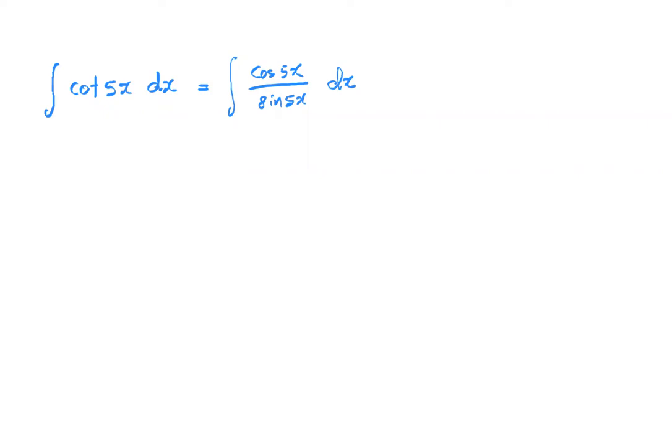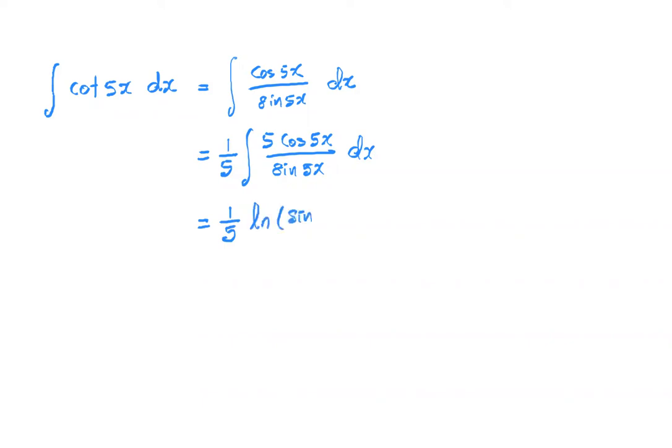So that solves the problem. But for 5x, the derivative is 5. Am I right? So I will put it down like that. So what is the answer? 1/5 ln sin 5x. See or not?